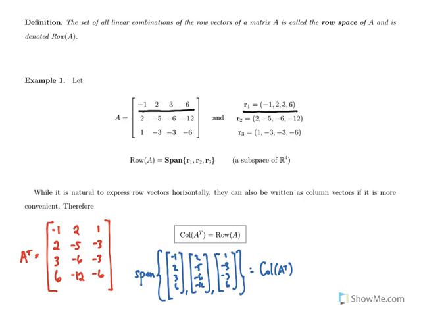We could have written this as, if we think about the row vectors from the beginning, the span of our row vector 1 transpose, the second row vector transpose, and the third row vector transpose. That would make them column vectors.